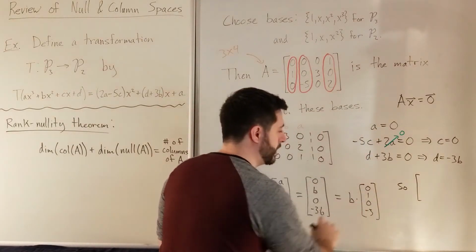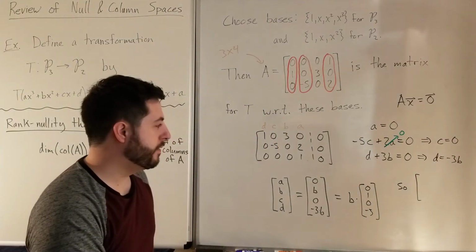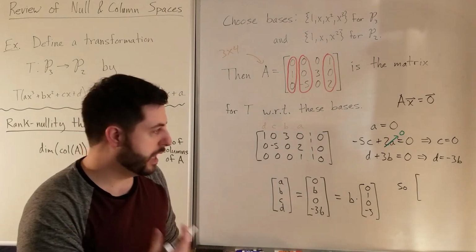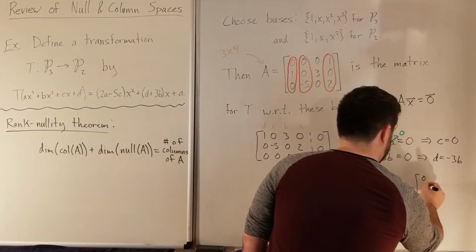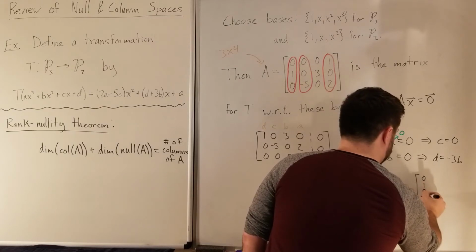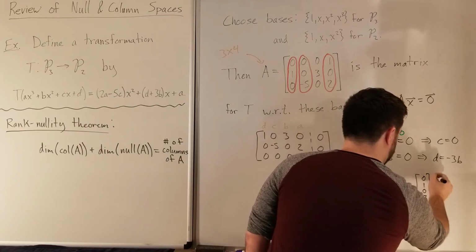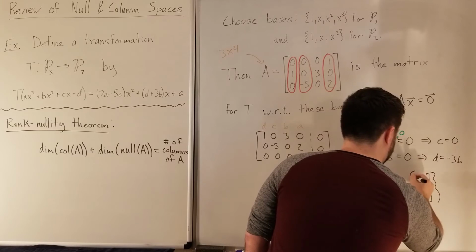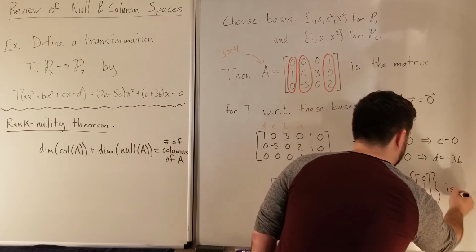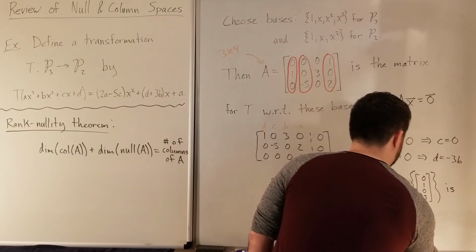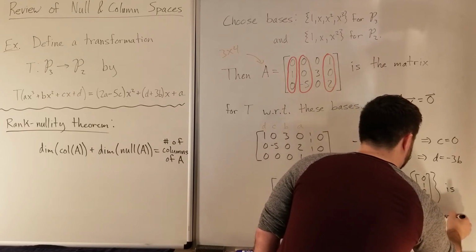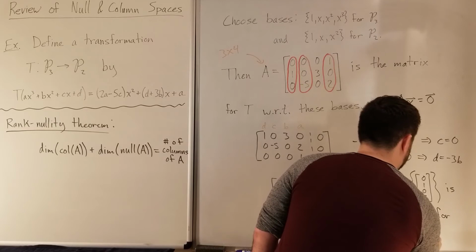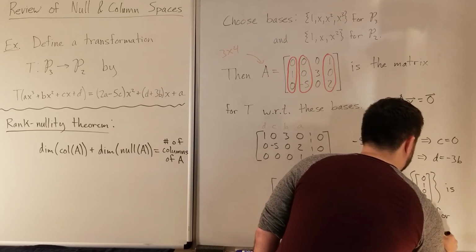We would have gotten a linear combination here if we had a more complicated basis with more than one element. 0, 1, 0, negative 3 is the basis for null A.